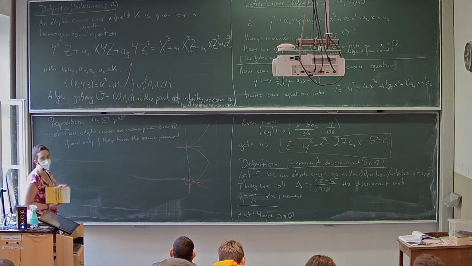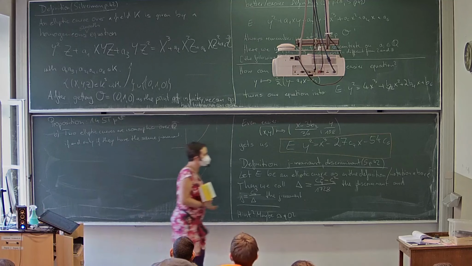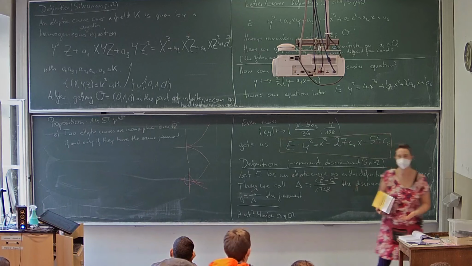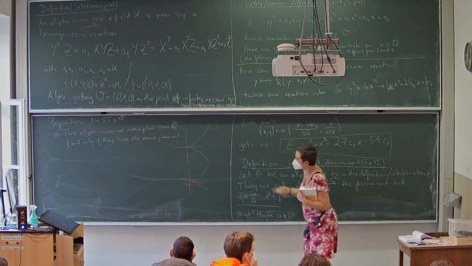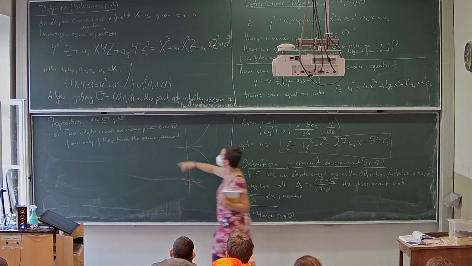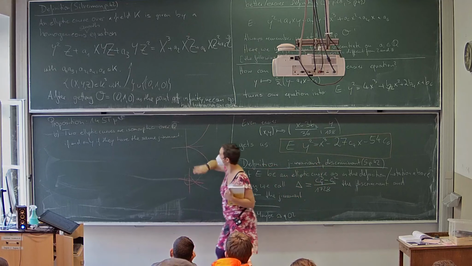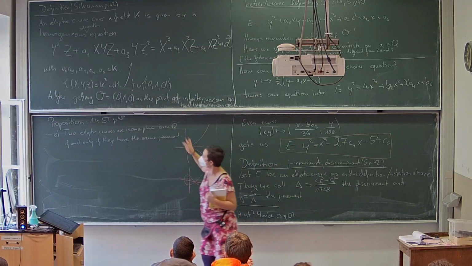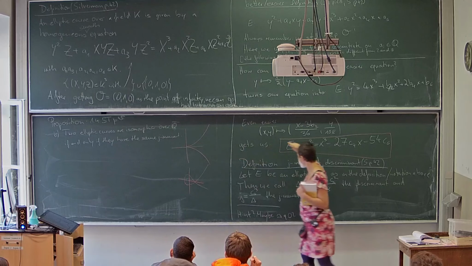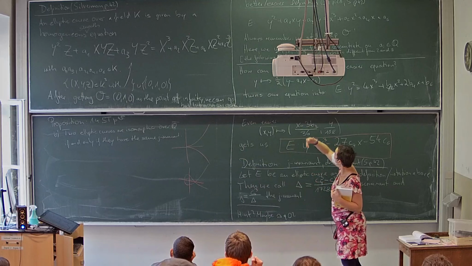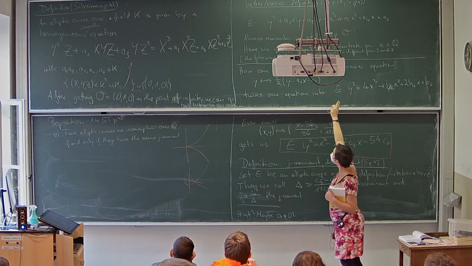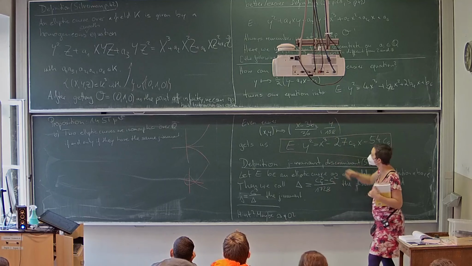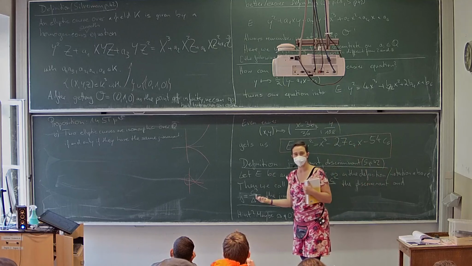So two elliptic curves are isomorphic if and only if they have the same J invariant. The proof is in the book, but I still want to put it as an exercise on the sheet, so you actually have to write it down. You can think without the book, or you can just copy it from the book, but the way to get there is to prove that over Q bar, so we don't have to worry about characteristics, no matter in what form the elliptic curve is, if it has the same J invariant, it's the same curve.